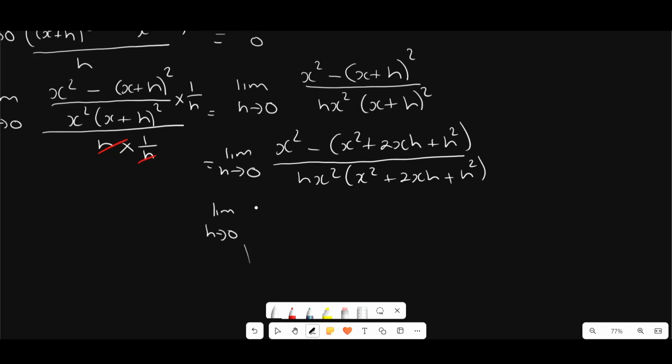Therefore I can just solve further. The limit as h approaches 0, then I have x squared minus x squared, and these two will cancel.